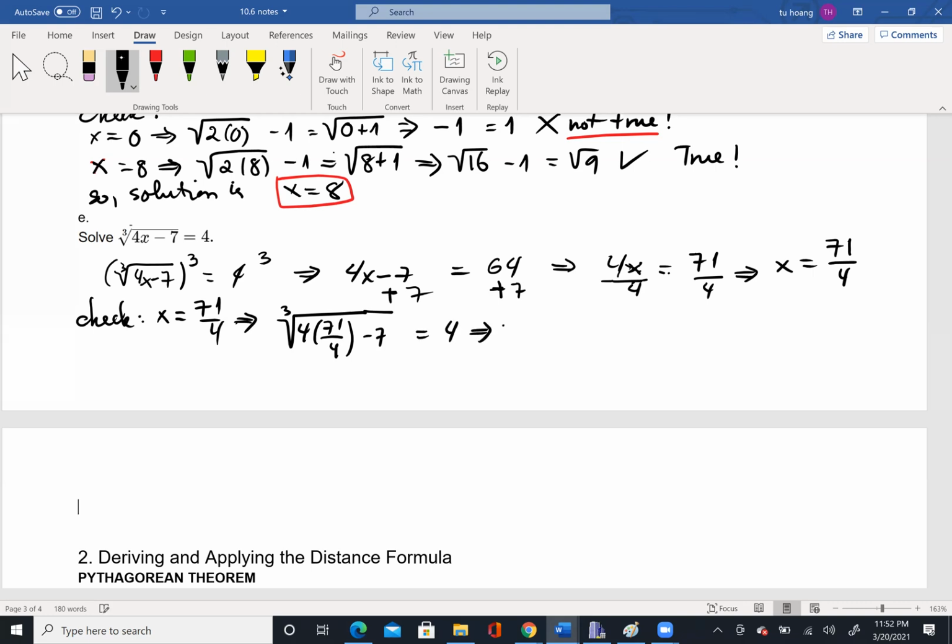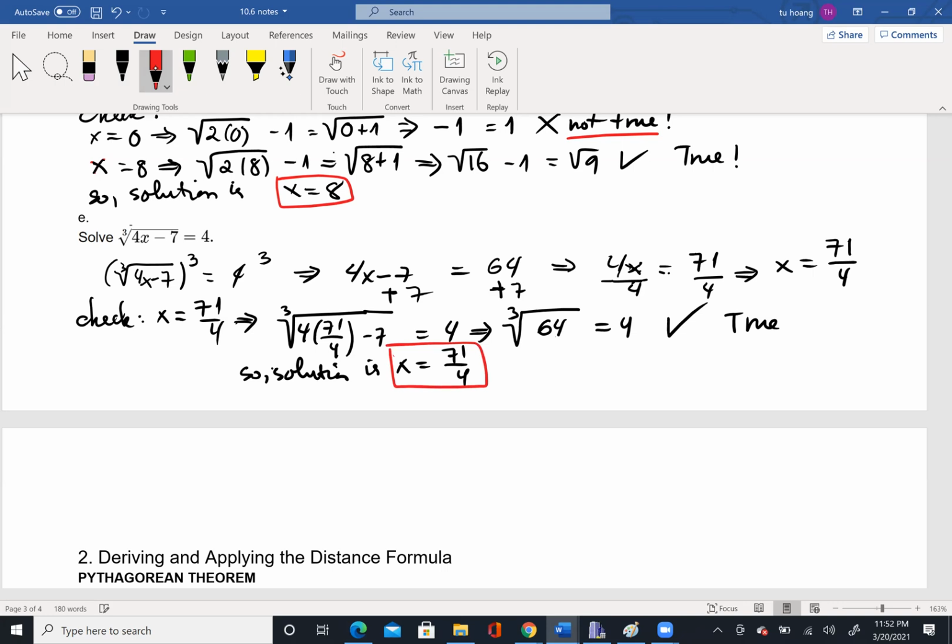The left hand side becomes 71 minus 7, so it is the cube root of 64, equal to 4. Is that true? Yes, it is a true statement. So the solution is x equal to 71/4. That's really it.